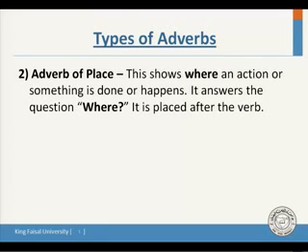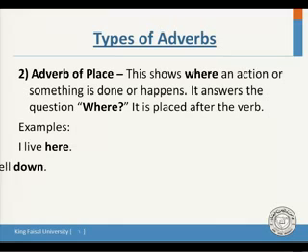Let's see some examples. Example 1, I live here. Where is the verb? The verb is live. And the adverb here comes after the verb. He fell down. The verb is fell and the adverb is down.